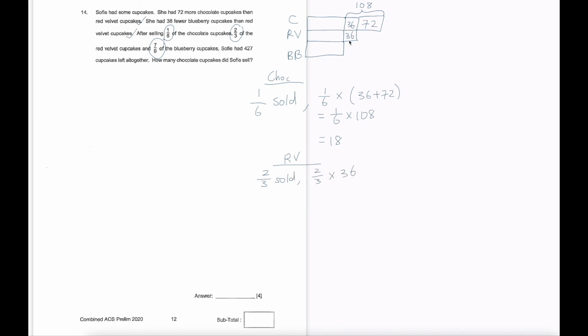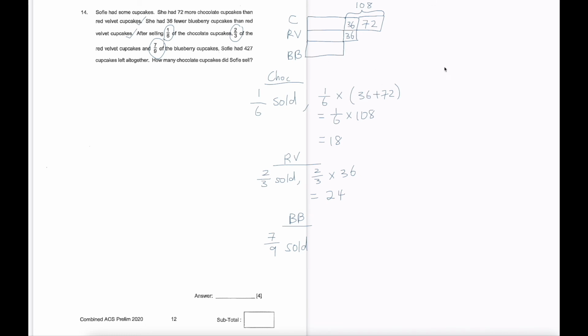So red velvet's value is 36, is 24. So for blueberry, it's just 7/9 sold. Okay, so what we are doing is we are making this whole thing into one unit. Okay, so we can compare together with blueberry.